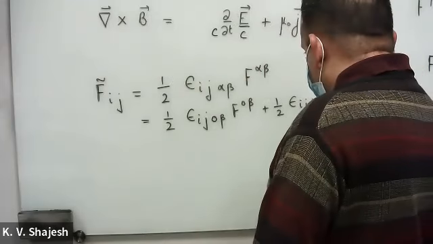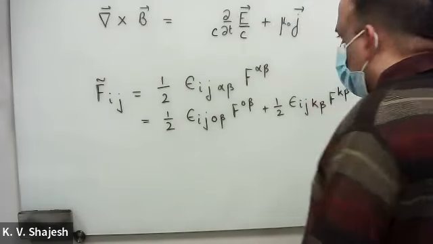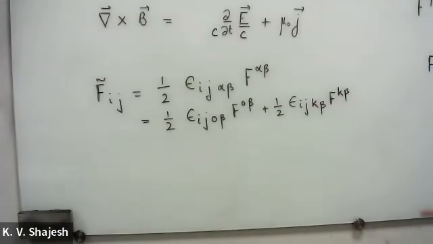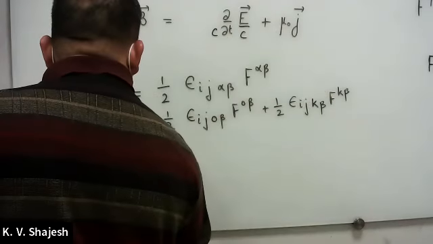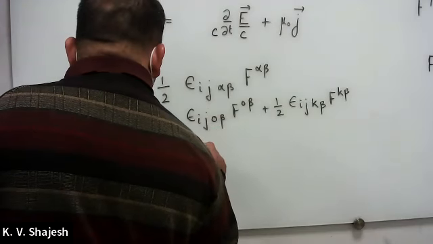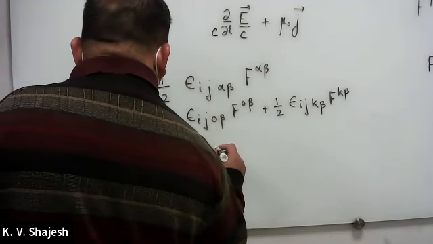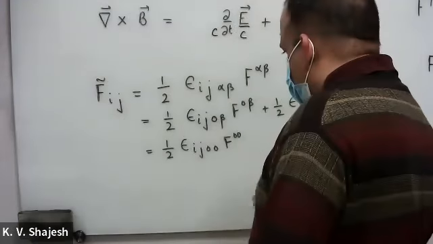So let's say k times beta, Fk beta. Right. So I summed over alpha. And next, let me sum over beta. So that's epsilon ijk 0, 0, F00.